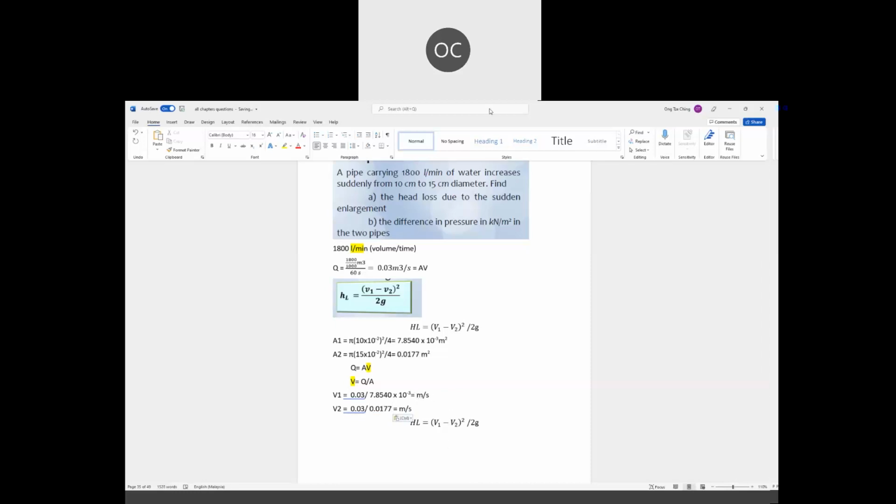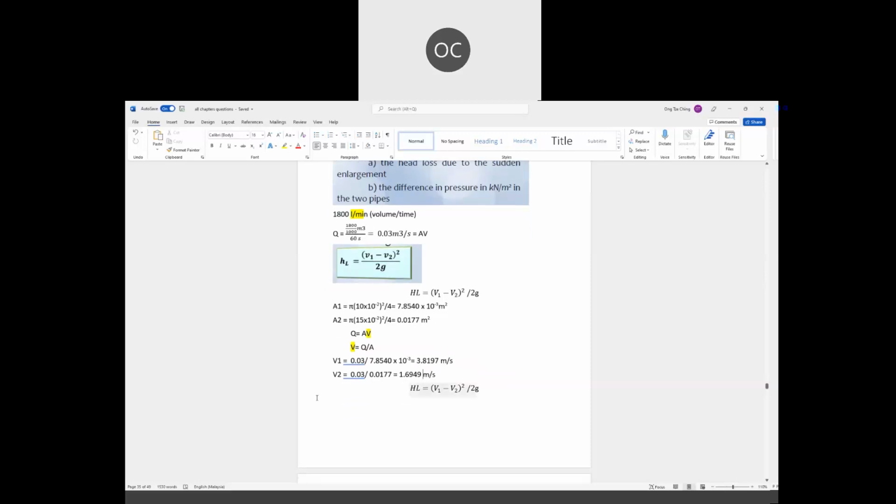Let's come up with the V1 answer. V1, you obtain 3.8197 meter per second, and V2 is 1.6949 meter per second.